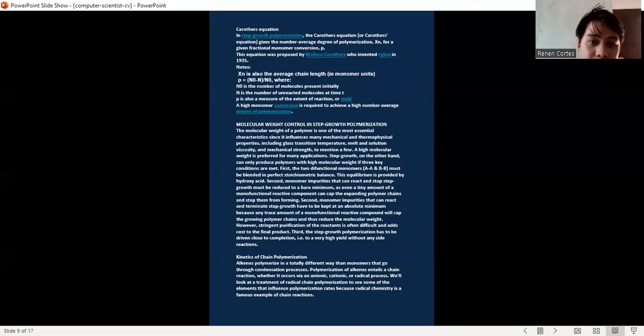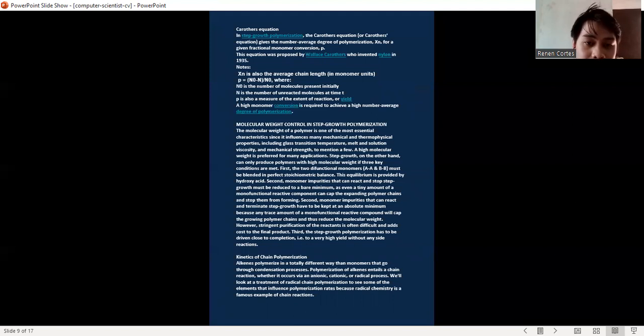The Carothers equation. In step growth polymerization, the Carothers equation gives the number average degree of polymerization, xn, for a given fractional monomer conversion, P. This equation was proposed by Wallace Carothers, who invented nylon in 1935.